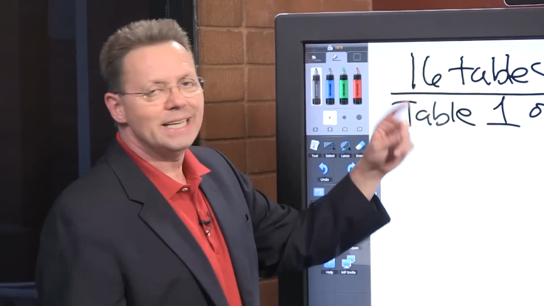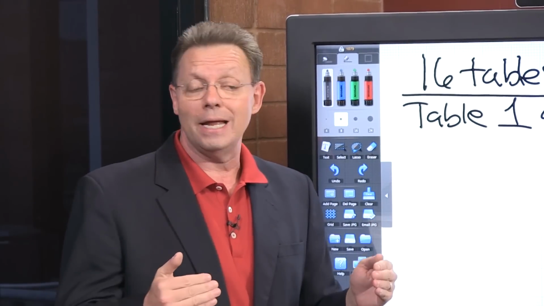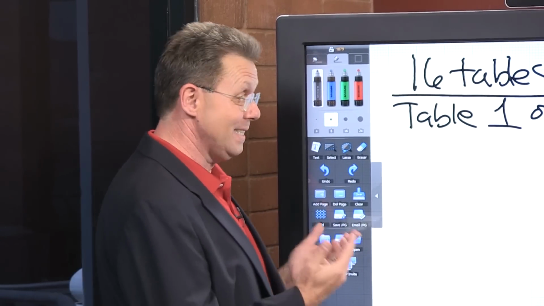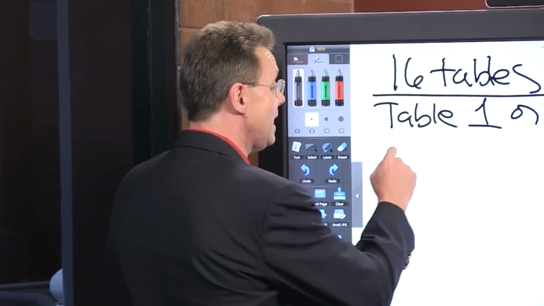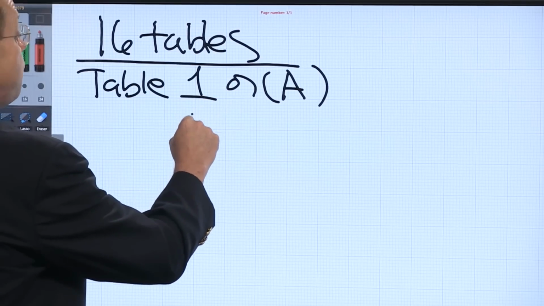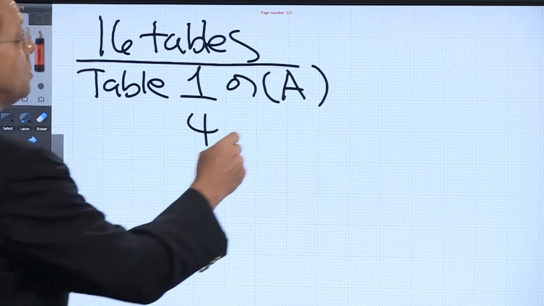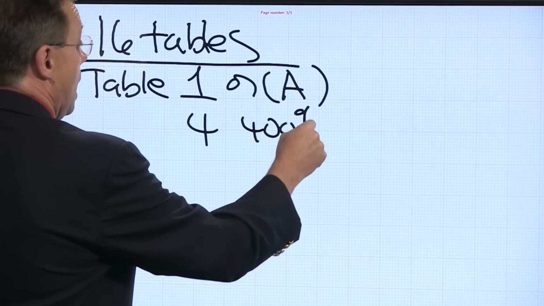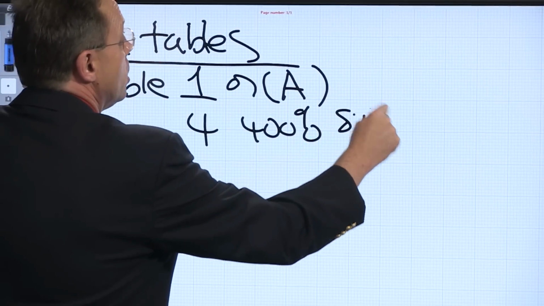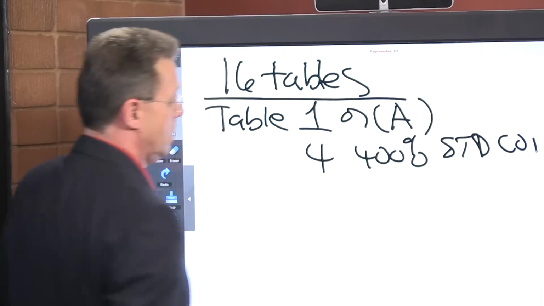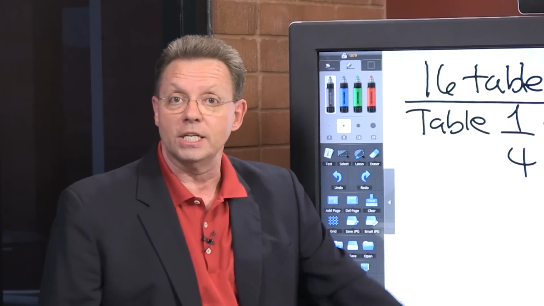When I'm looking at 16 tables, that means we're not declining a client all the way up to 16 tables. So if I'm at table 4, for example, I might look at that and say, wow, that's about 400% higher than the standard cost of insurance. And as I move up the line, the number gets bigger.